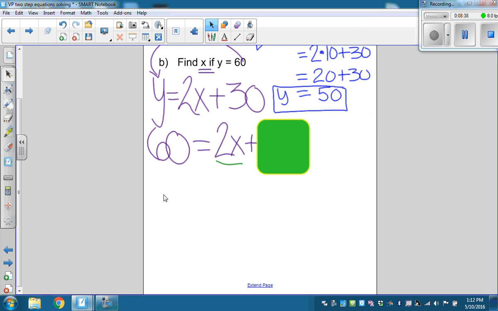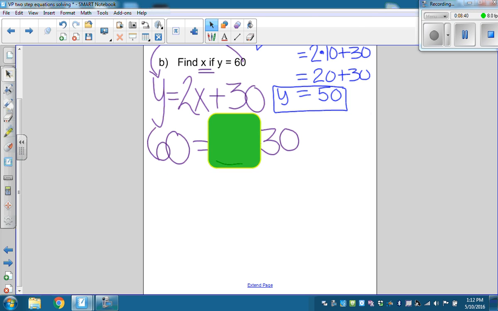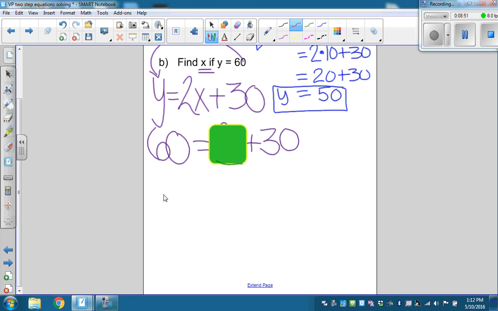I'm sorry, I did that wrong. What number do I need to add to 30? 30 plus what is equal to 60? So I know that I need this to be 30 because I know 30 plus 30 makes 60.